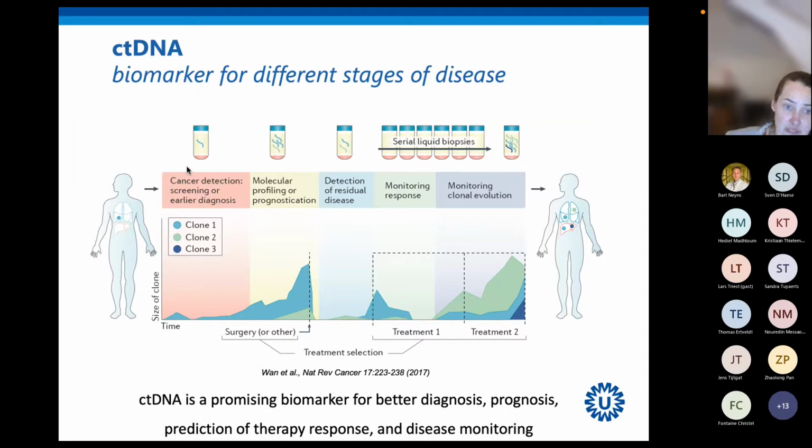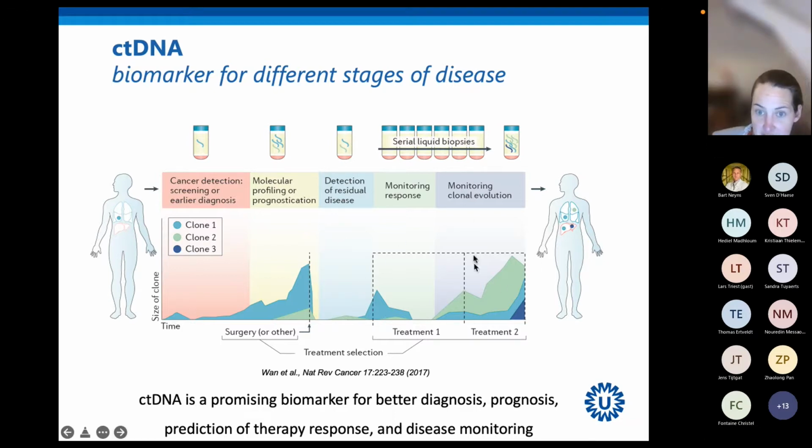On the left, you can see early stage cancer, then you can use it, for example, in the screening or early diagnosis of cancer, but also after resecting the primary tumor, the presence of ctDNA leads to detection of residual disease, and you might use it to guide adjuvant treatment, for example, or to guide follow-up strategies.